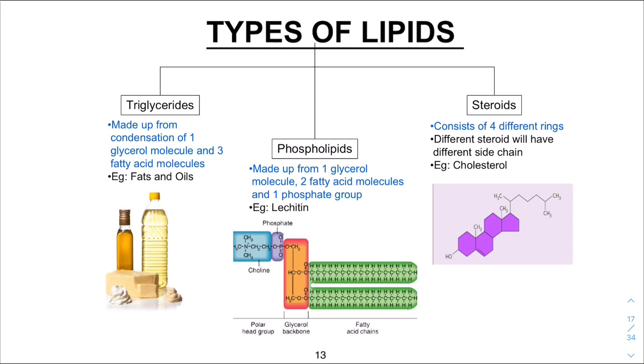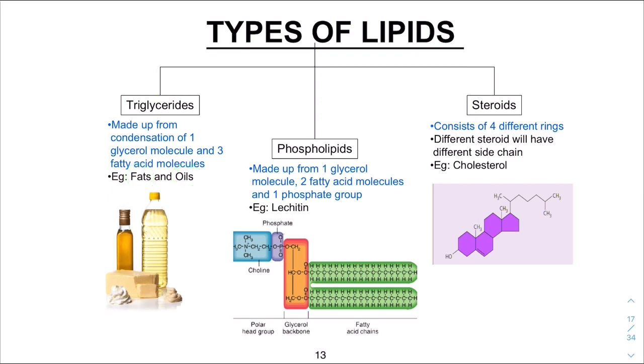So itu adalah proses condensation. Untuk menghasilkan triglyceride, kita akan join glycerol molecule and 3 fatty acid and kita akan remove water. Itu akan menghasilkan triglyceride. An example of triglyceride is fats, lemak, and oils, minyak.